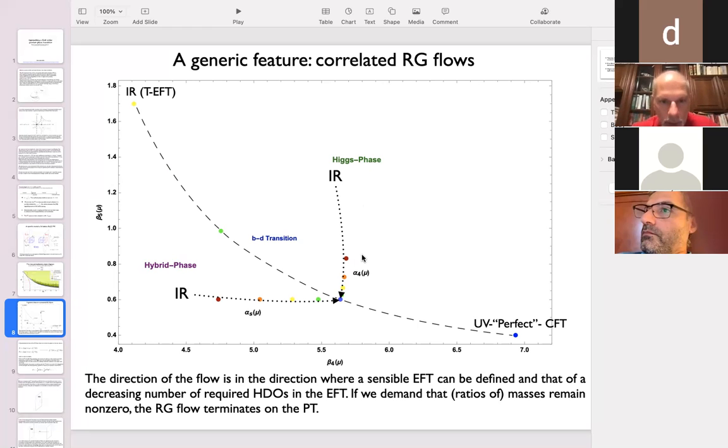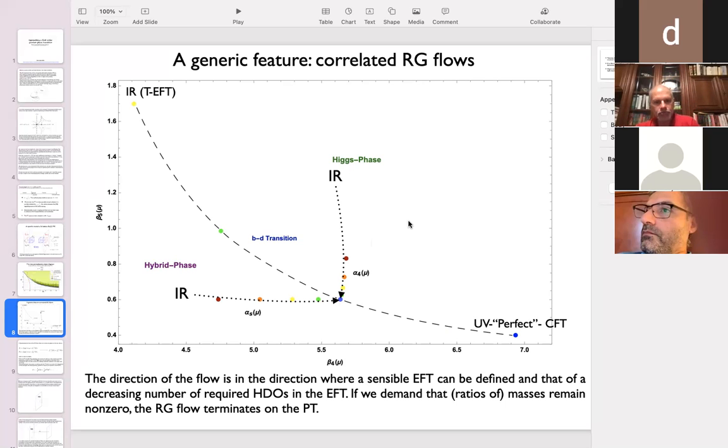So you see here you have this red, and then it becomes orange, and then it becomes yellow. And on the phase transition, it takes a finite value because it's a first order transition, not a second order transition. It's not a fixed point. And it has some value and it corresponds to a blue dot.